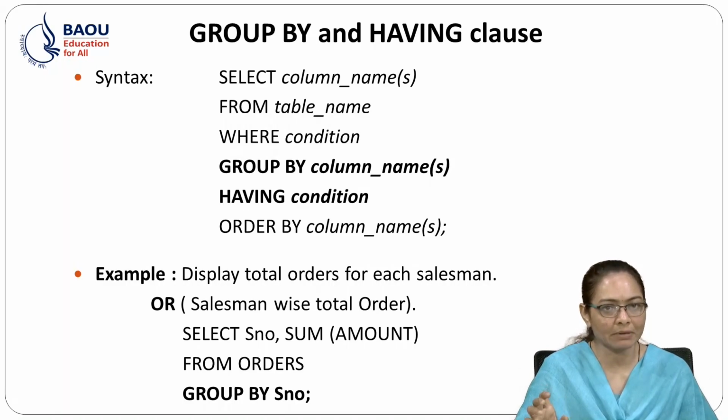Orders is the table name. Then group by S number, meaning salesman number. The salesman number is grouped, and after that the total amount of the orders is displayed. So this query is used to display the salesman-wise total order.